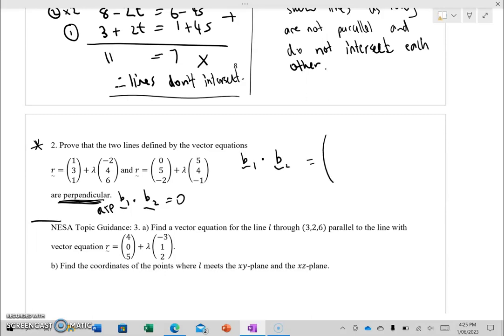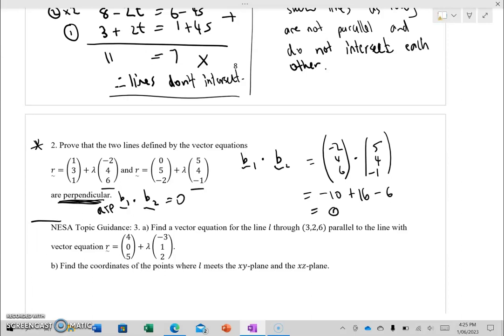So the first direction vector is -2, 4, 6. The second direction vector is 5, 4, -1. Let's dot product that. We get -10. Oh, careful, there's a -1 there. So it's going to be -10 plus 4 times 4 is 16, and then minus 6.